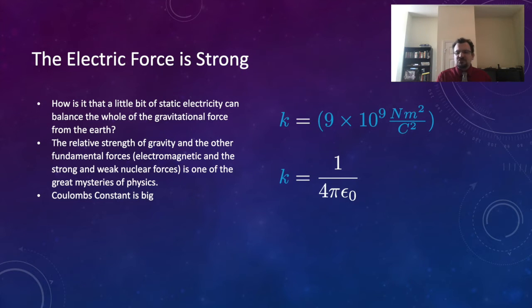So it comes from this equation here. Coulomb's constant is really 1 divided by 4 pi epsilon naught, where epsilon naught is what's called the permittivity of free space. It's basically how susceptible a vacuum is to an electric field.